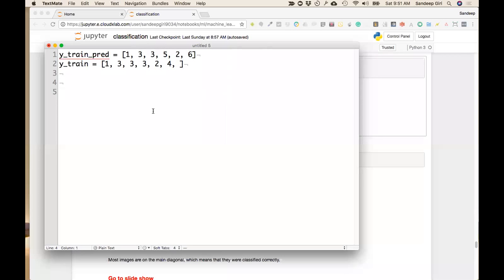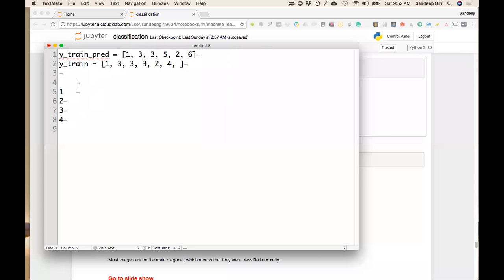So what this graph does is it puts the original values on the rows, which means 1, 2, 3, and 4. That's what it has done on the row side. Okay, that's a confusion matrix. On the column side, for one, how many times?